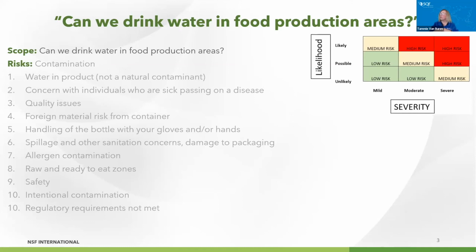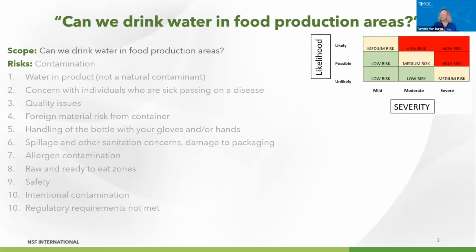So, can we drink water in food production areas? The biggest risk, obviously, is contamination. We just started making a list. Water and product: even though it's not a natural contaminant, there's always the potential for the source where the water came from to be contaminated. We still wanted to consider that.